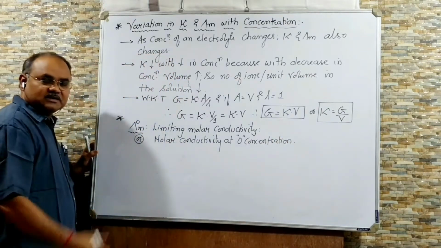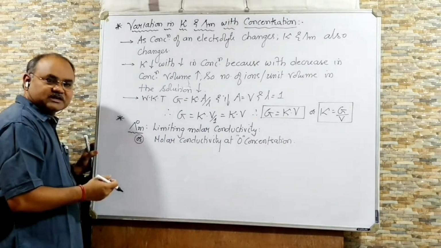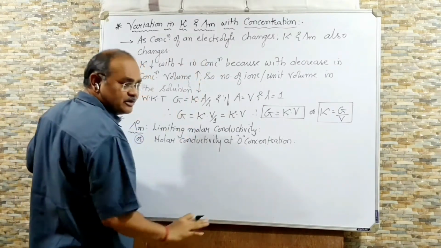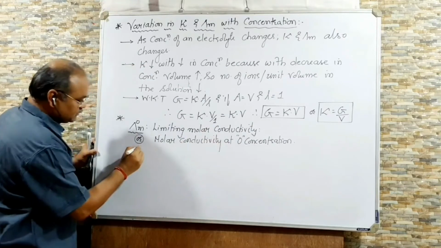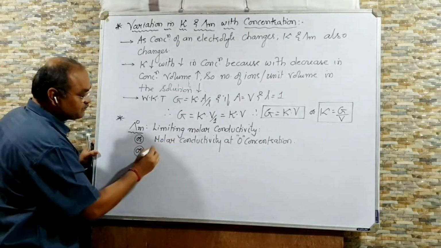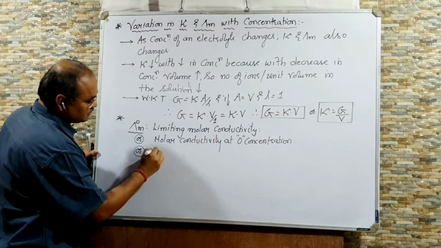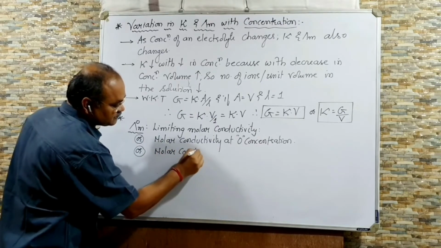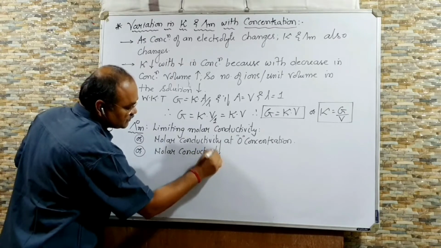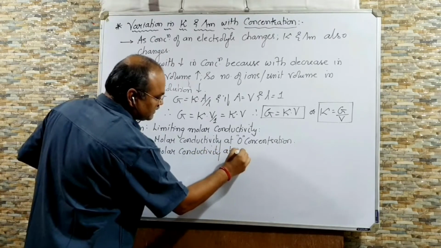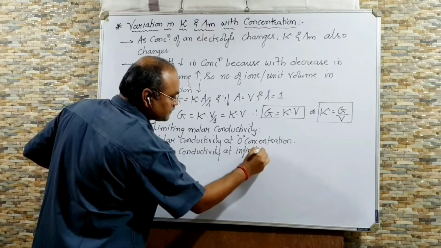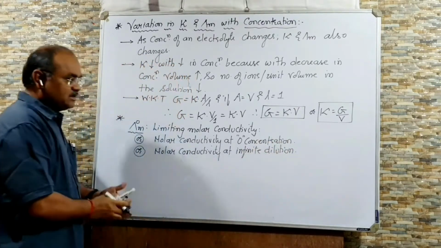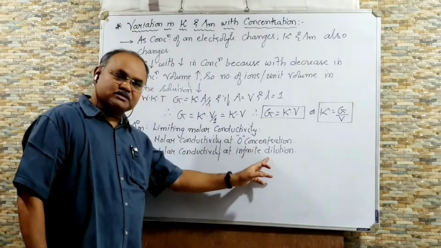Now what is the meaning of zero concentration? Zero concentration means when your whole ionic solution is completely diluted. Or a third name is molar conductivity at infinite dilution.